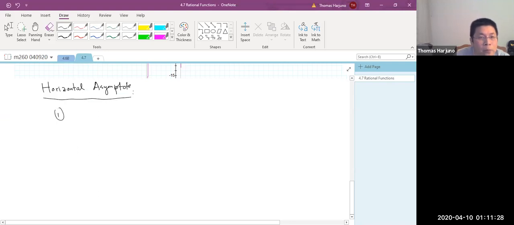First one, if the degree on the top is less than the degree of the bottom, then the horizontal asymptote is given by y equals 0. For example, if I have this rational function, x minus 3 over x squared minus 4.